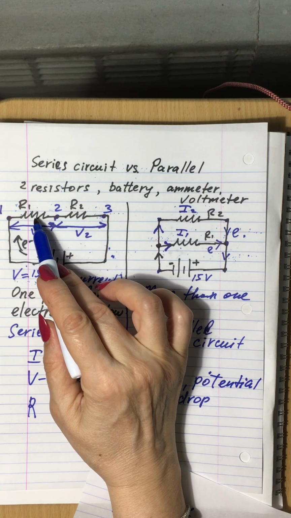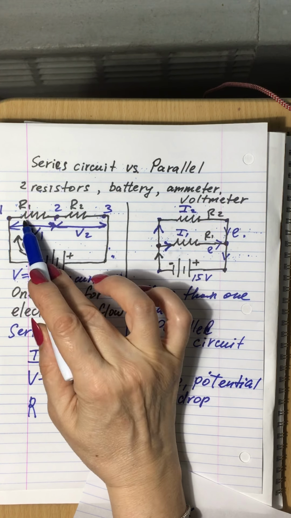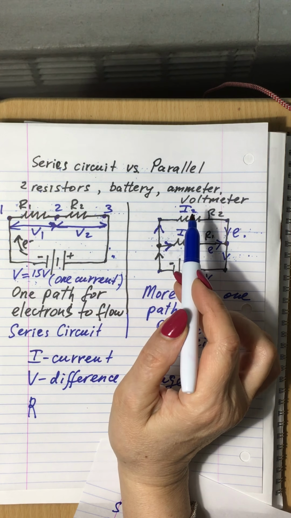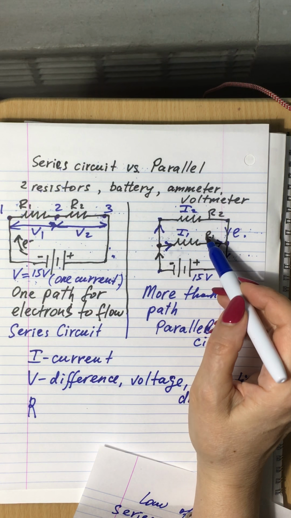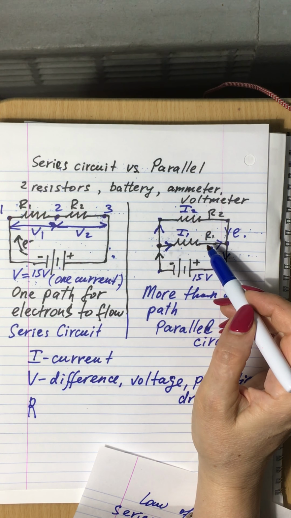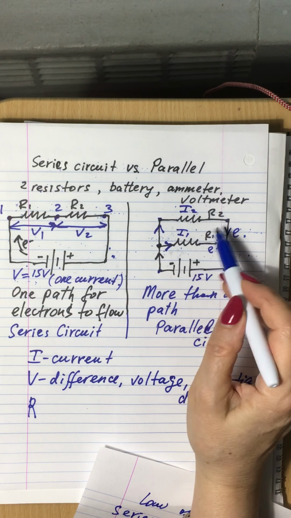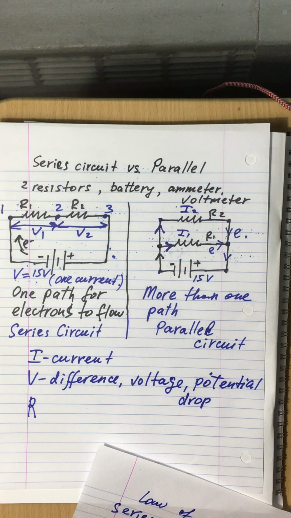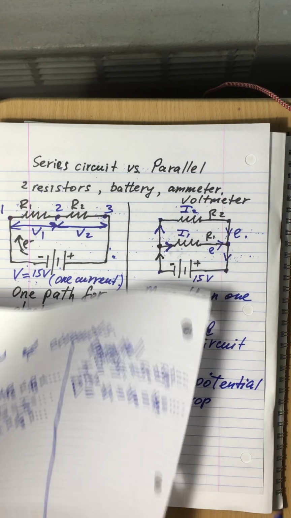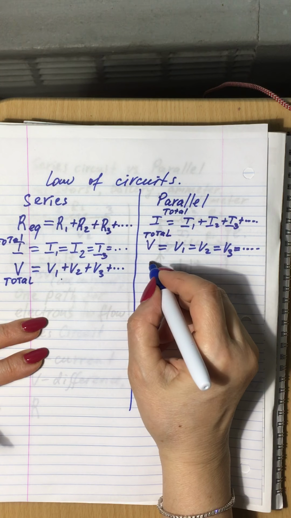But in a series connection, all electrons are supposed to go through the first one and through the second one. That's why we cannot simply add R1 and R2 to find the equivalent resistance. On the opposite, electrons split, and it's much easier for them to move. So I will show you the equation first. The equation is a little bit complicated.